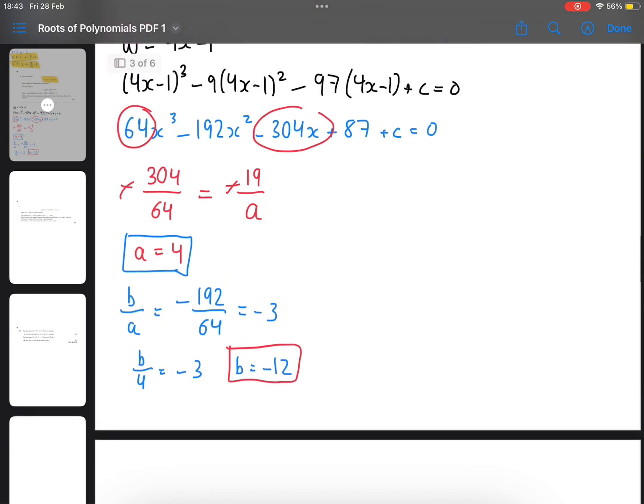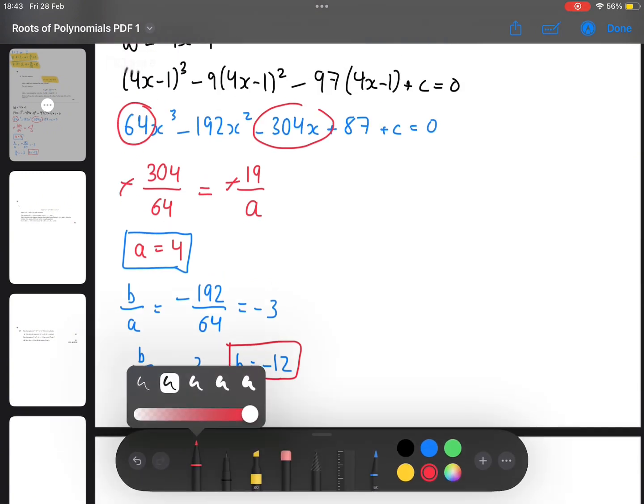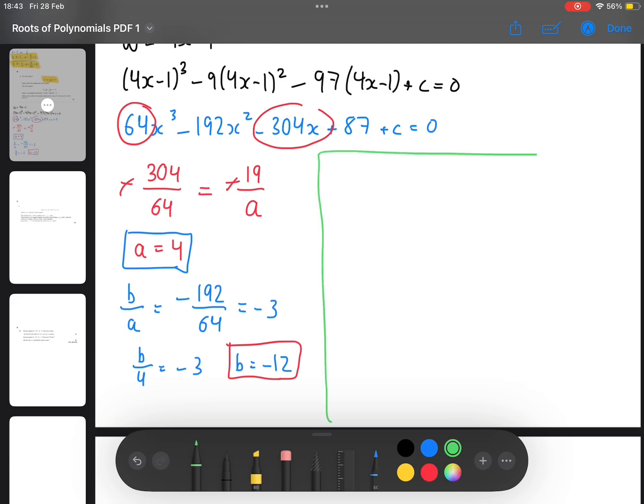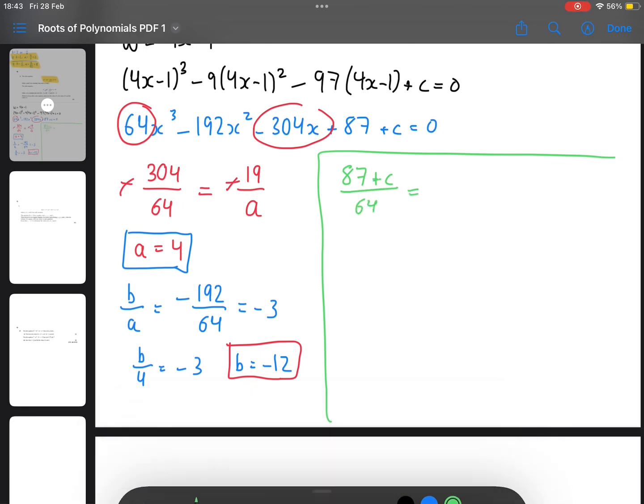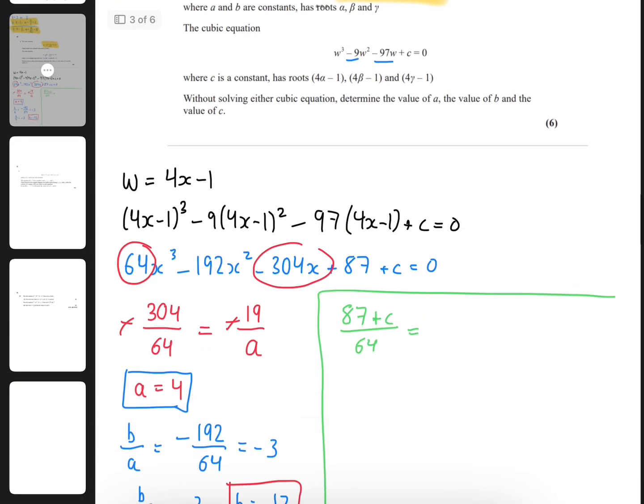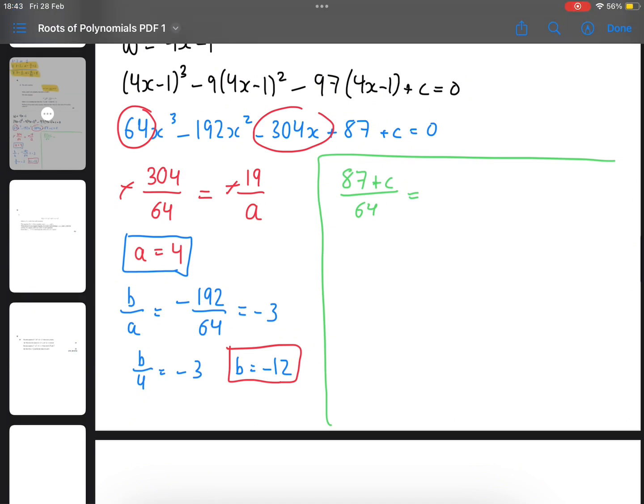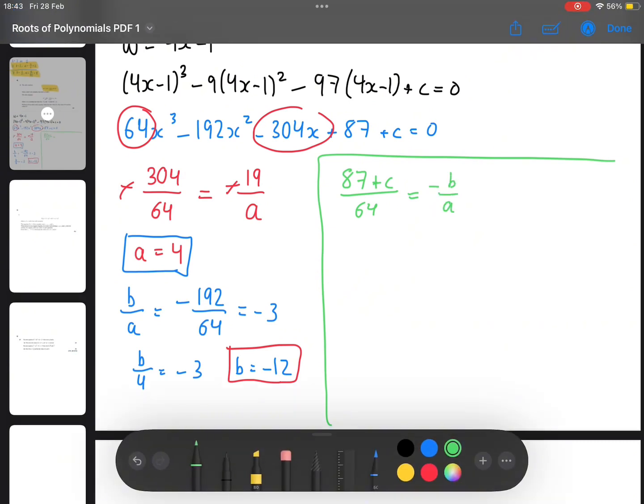And then all we need to do now is find c. So exactly the same process. 87 plus c divided by 64 equals, and in the initial equation we had minus b over a.